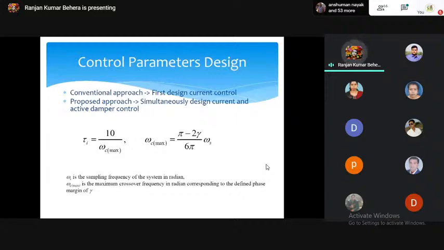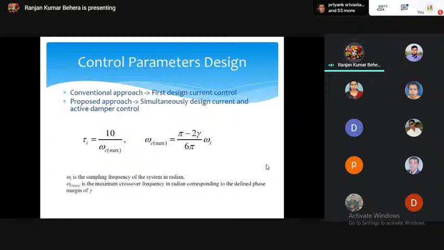When you simultaneously design both of them, then the resonance effect will not be there. That is why we must design them simultaneously.